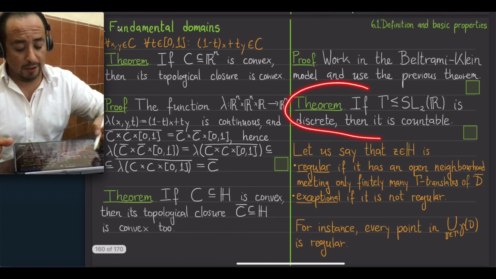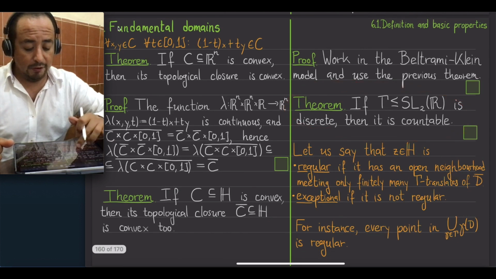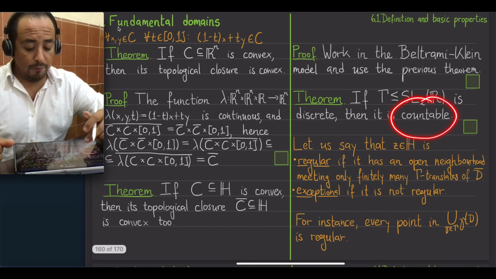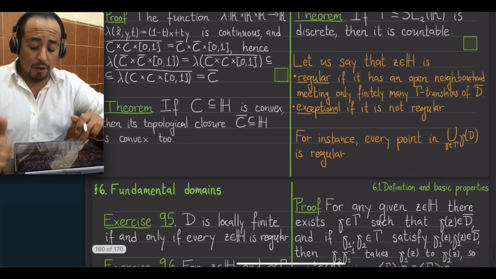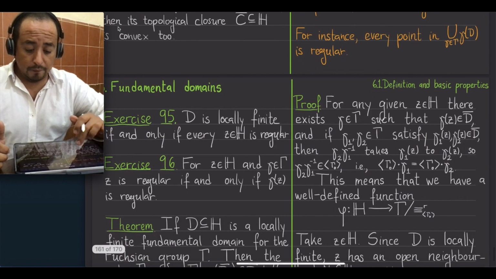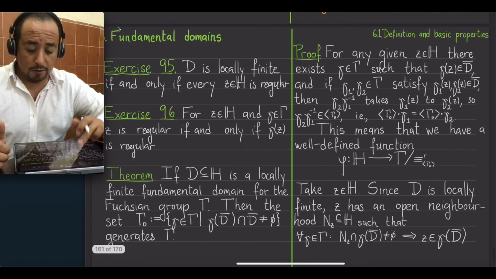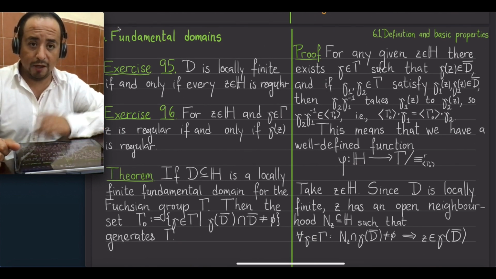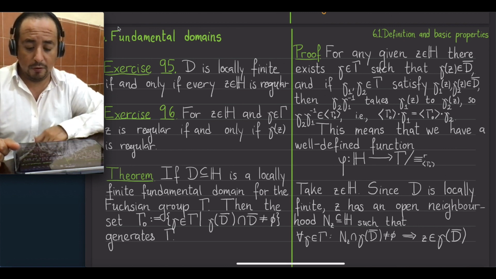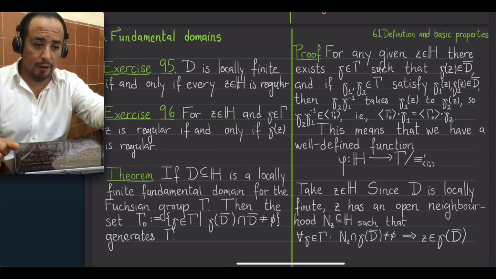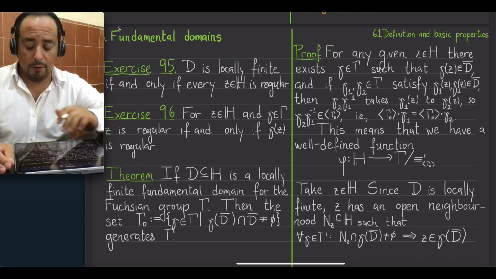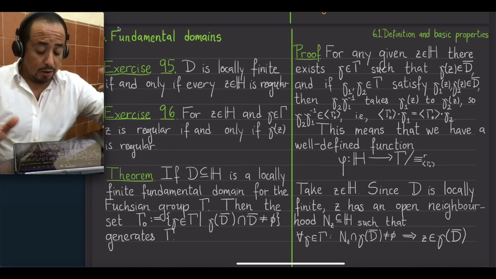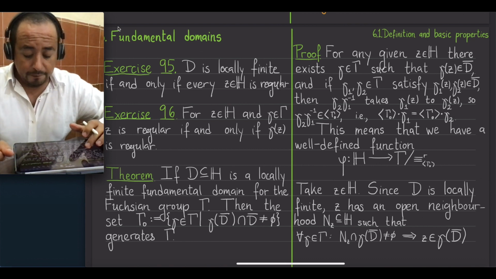Then use the fact that gamma is discrete, hence countable, and so on. Then the set of exceptional points has to be empty, because on the one hand it's countable, on the other hand, if non-empty, it has to be uncountable. Okay, but I like that.